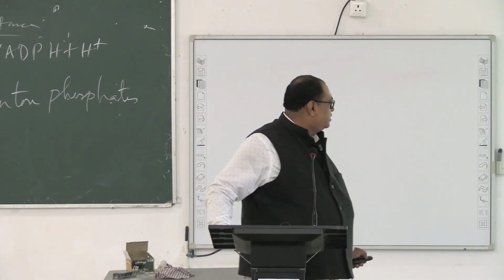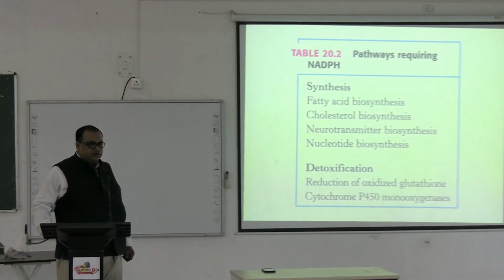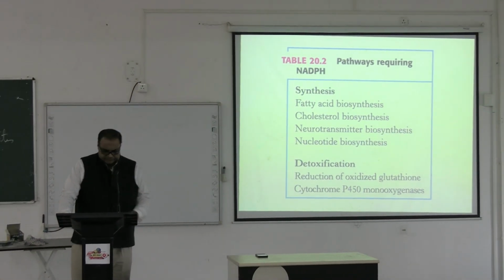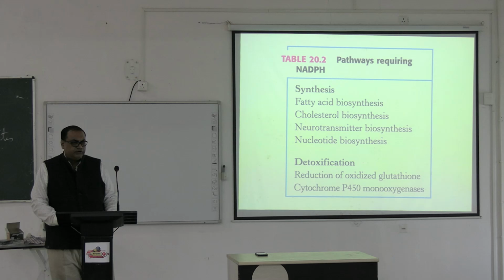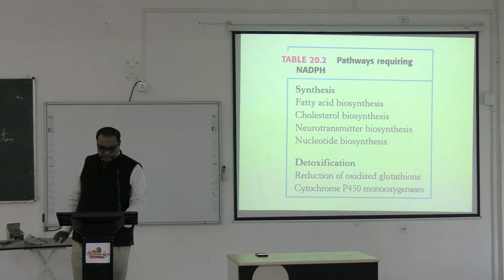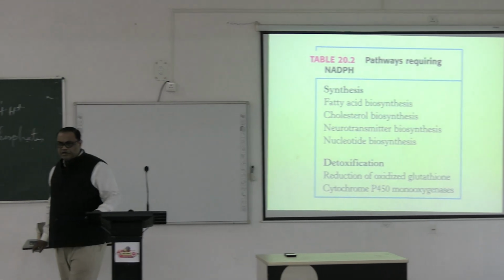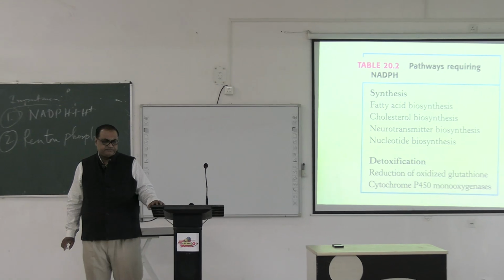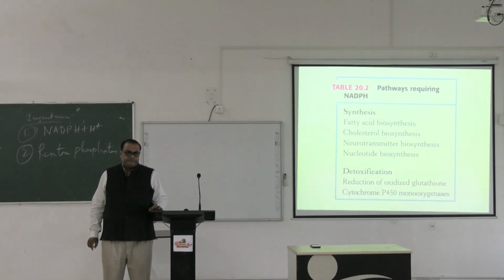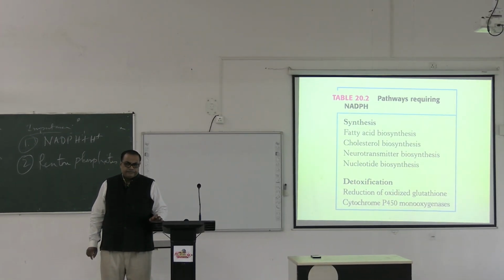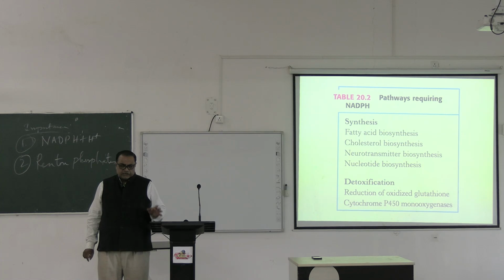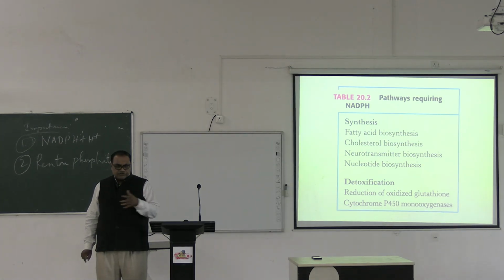NADPH is required for regeneration of reduced glutathione, which is important for maintenance of membrane viability of RBC. The RBC membrane comes across a lot of oxidative stress because it exchanges oxygen through it.